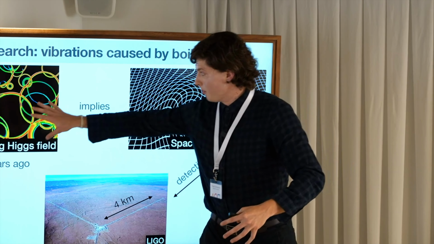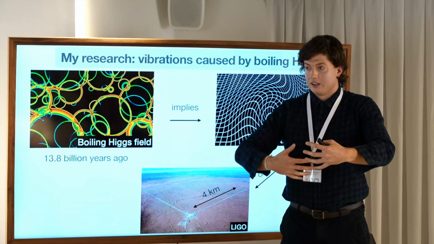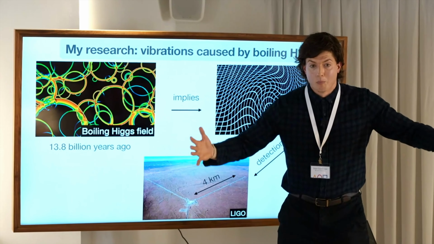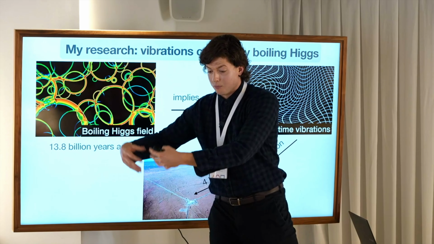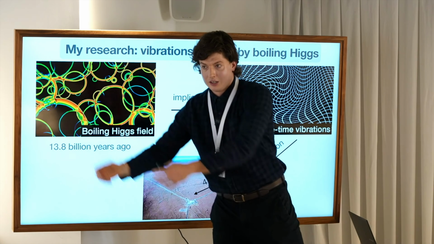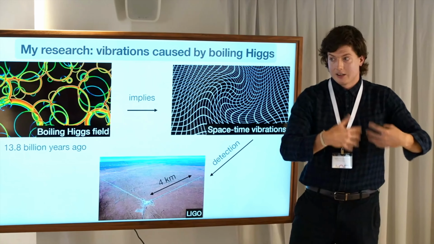And then those bubbles are very energetic and they collide with each other. This can be understood as motion of massive objects, like motion of black holes, which were massive objects. Motion of black holes could generate gravity waves. So this motion of bubbles, energetic objects, also generates gravity waves.